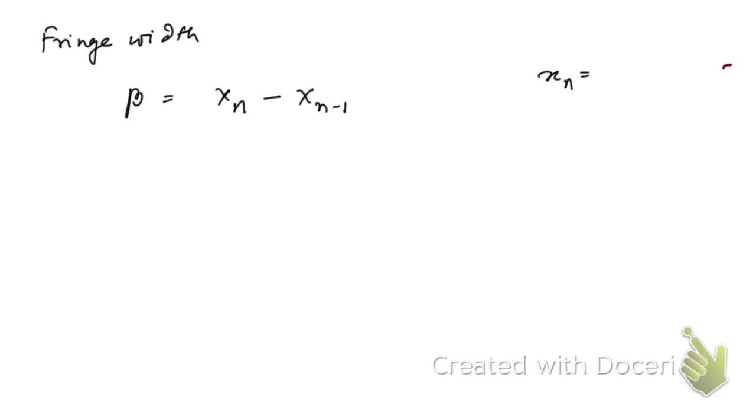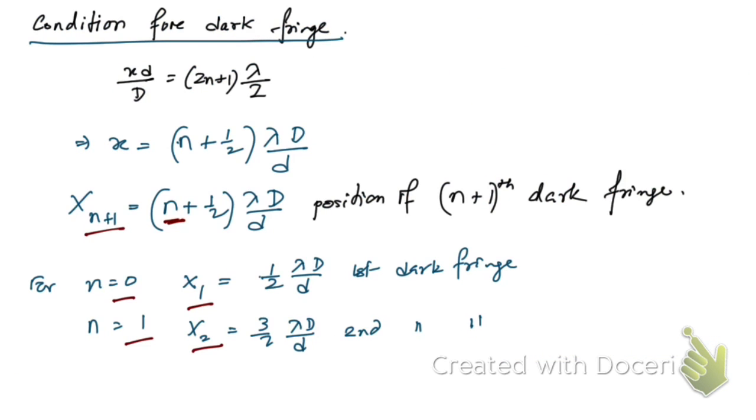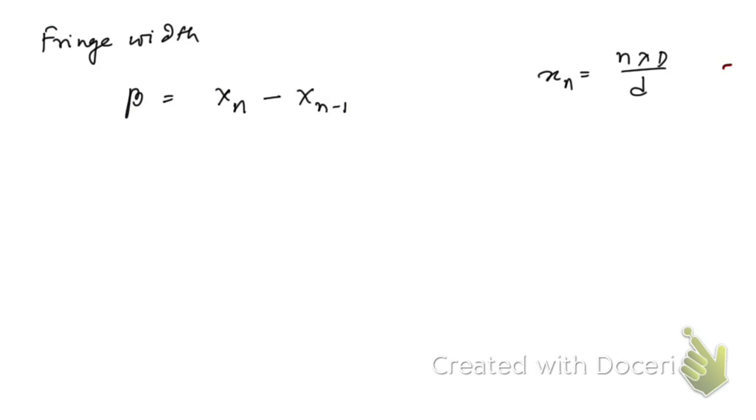In case of the bright fringe, what we have got is xn equal to n into lambda capital D by small d. This was the condition, this was the formula. You can find it using the formula of the dark fringe also; you're going to get the same result. Hope you have understood this. So for x(n minus 1), it's going to be (n minus 1) lambda D by small d.